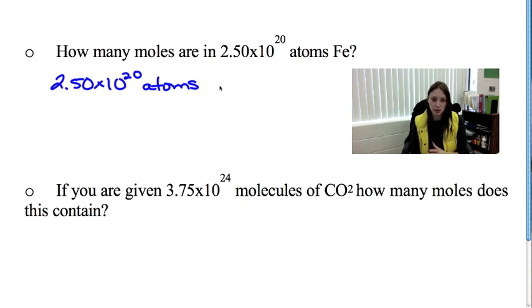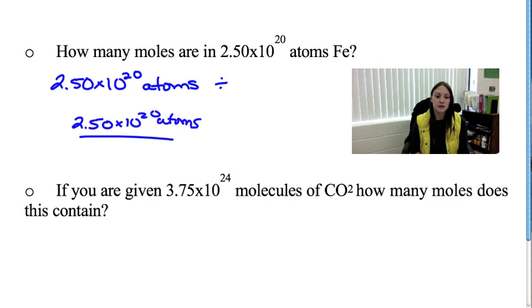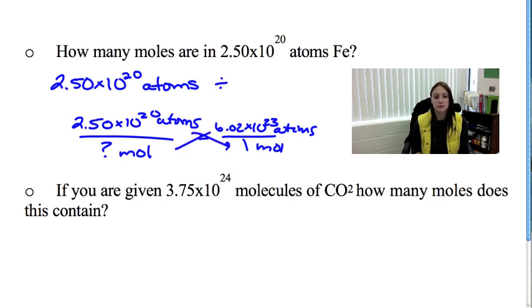I'm not going to be multiplying, so which means I'm going to divide, or you can take your 2.5 times 10 to the 20th atoms and set it up as a ratio and say that's going to be some number of moles equal to 6.02 times 10 to the 23rd atoms in 1 mole, and you're still going to end up dividing because I cross multiply and then I divide.